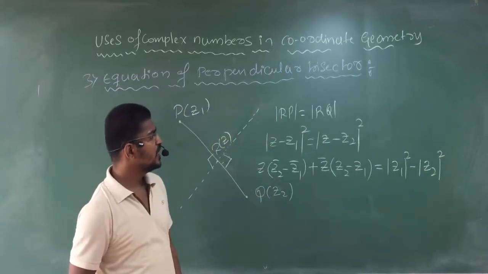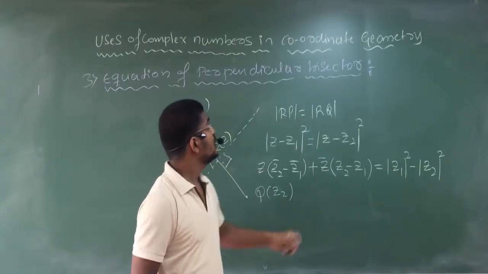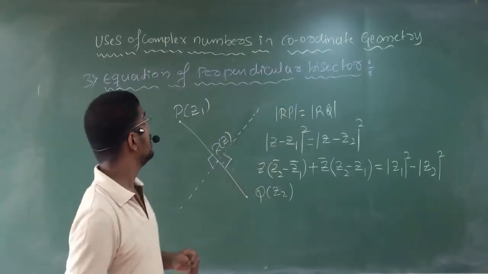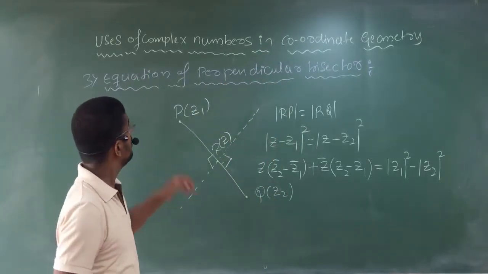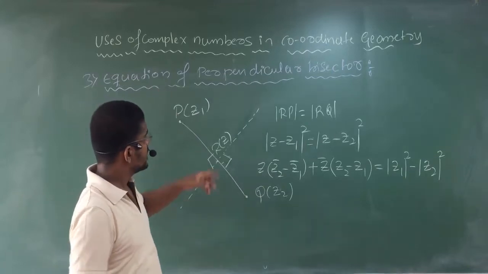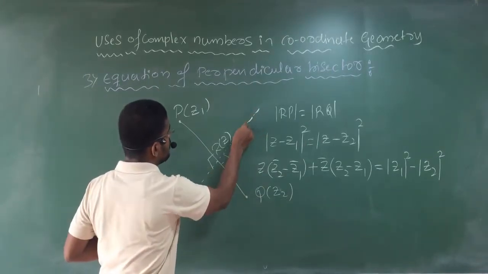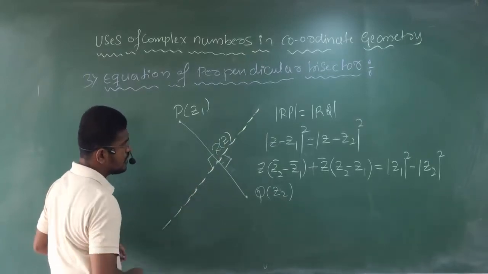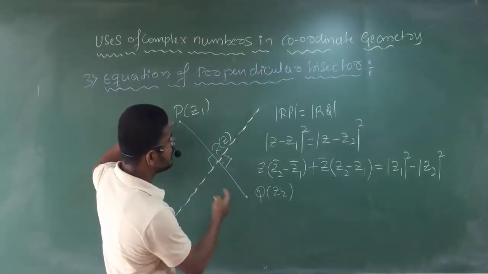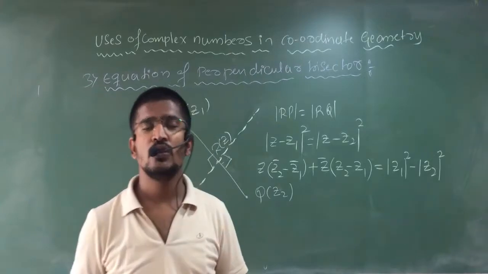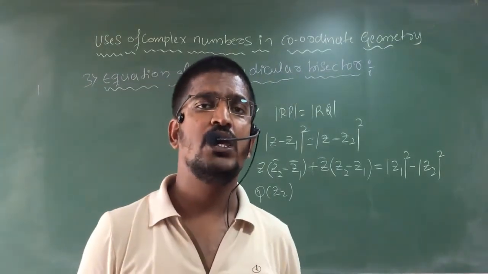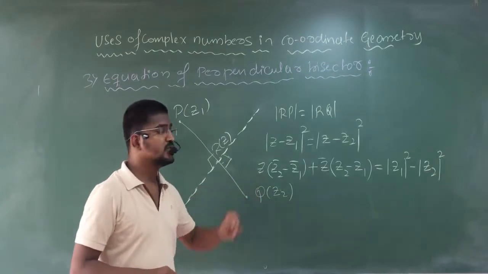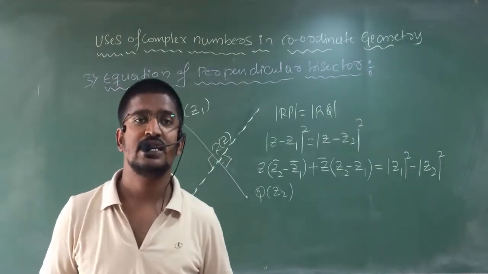So this is going to be the equation of the perpendicular bisector, that is, of R of Z to the line segment PQ. Okay, students? So this is your equation of the perpendicular bisector.